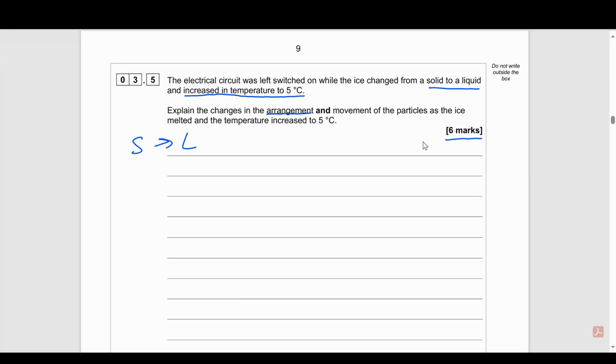So thinking about the arrangement of particles in a solid, what would we expect to find? A regular pattern. They're fixed positions, not moving but vibrating. Particles are touching each other.